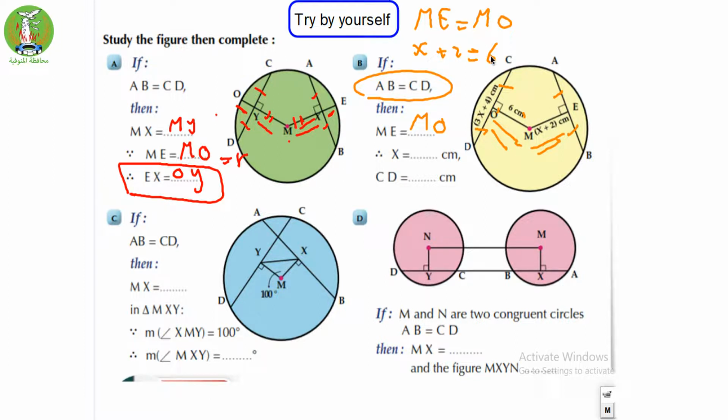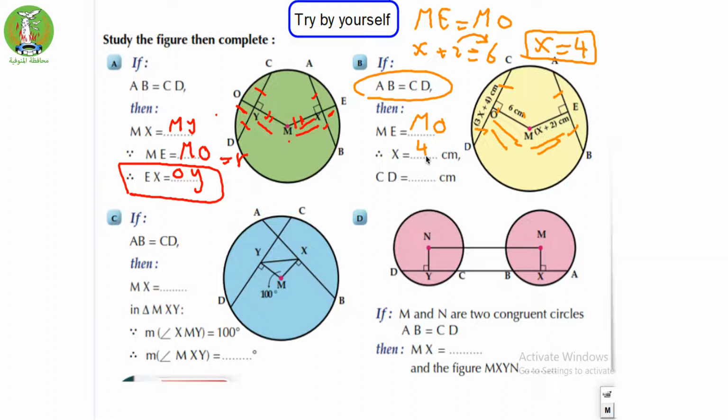By solving this equation, we can find the value of X. Then X equals 6 minus 2, which equals 4. Then X equals 4 centimeters.